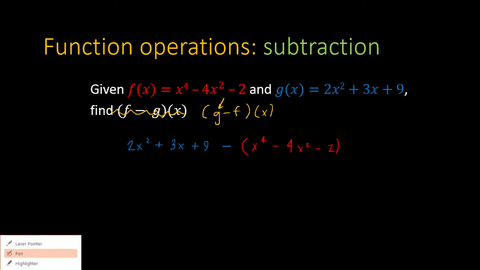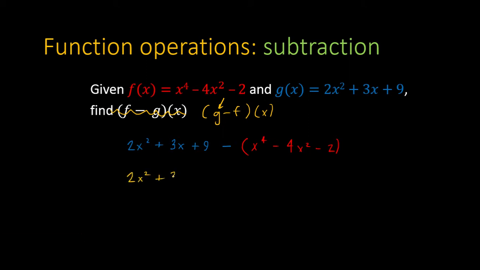I'm going to rewrite after I distribute my negative sign. So I've got 2x squared plus 3x plus 9 minus x to the 4th minus negative 4x squared, which is a positive 4x squared, minus negative 2, which is a positive 2.